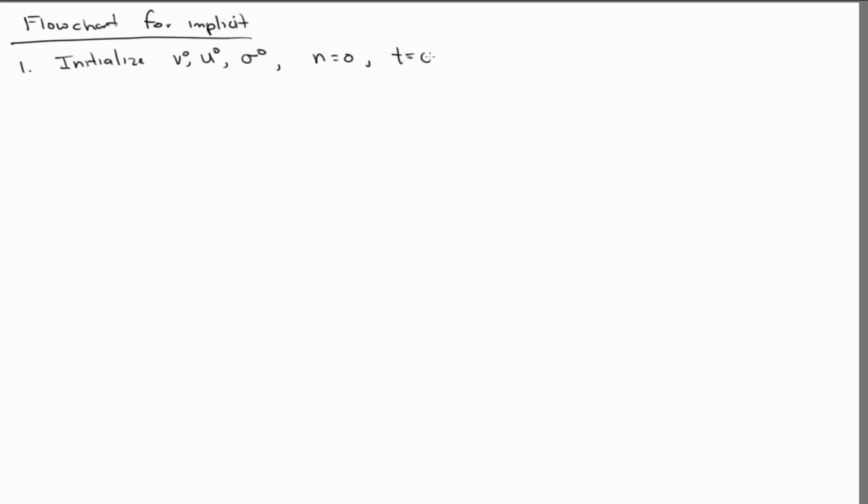So then we'll make a flow chart for implicit. Initialize your velocities, displacements, stress, step equals 0, time equals 0.